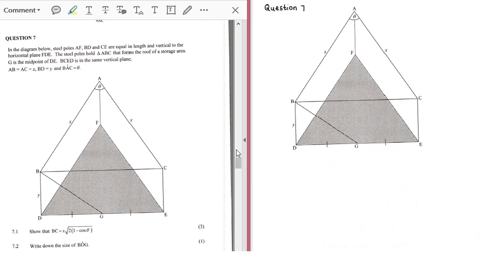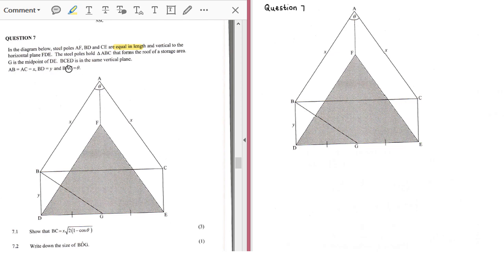Okay, in question 7, we have the diagram below. We have still poles AF, DB, and CE, which are all equal in length. Okay, and they are vertical to the horizontal plane FDE. The still poles hold the triangle ABC that forms the roof of a storage area.